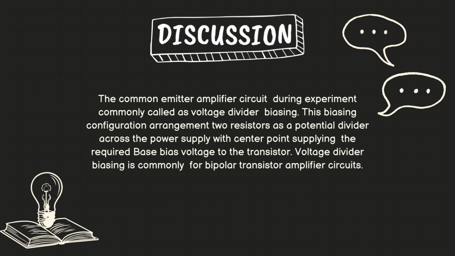This bias configuration arranges two resistors as a potential divider across the power supply, with the center point supplying the required base bias voltage to the transistor. Voltage divider biasing is commonly used for bipolar transistor amplifier circuits.